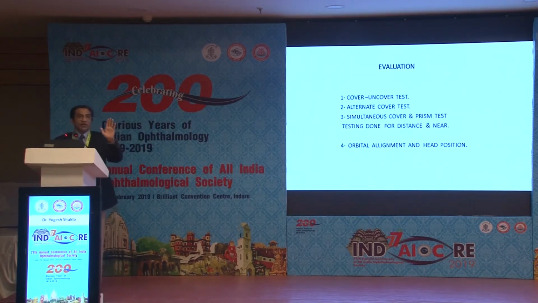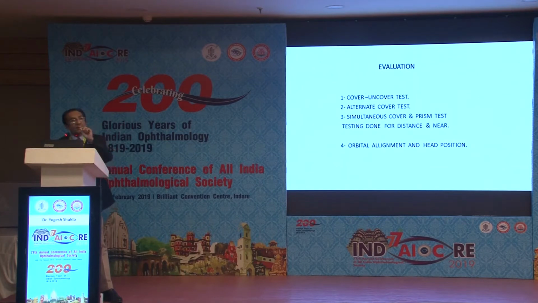Then the cover-uncover test means you cover one eye and then remove the cover, and you see the movement in the covered eye. You cover the eye, and when you uncover it, you see the movement in that eye. That is important also to know the secondary deviations.